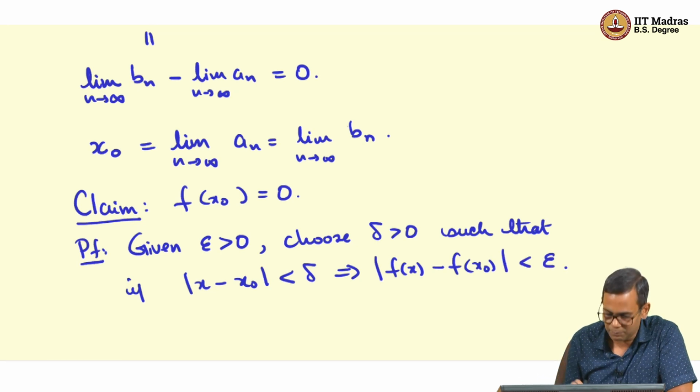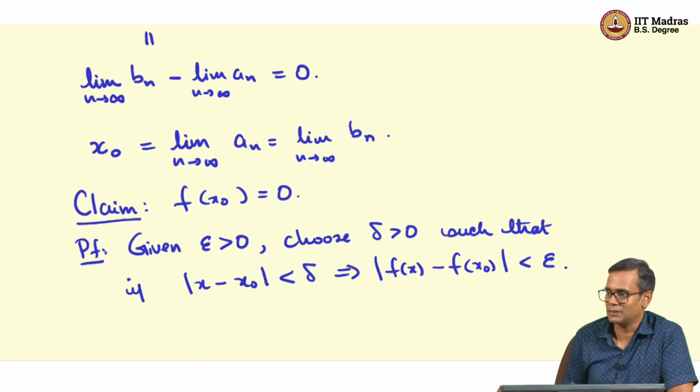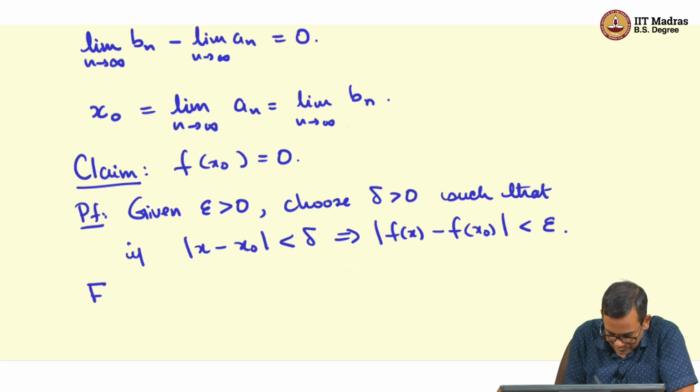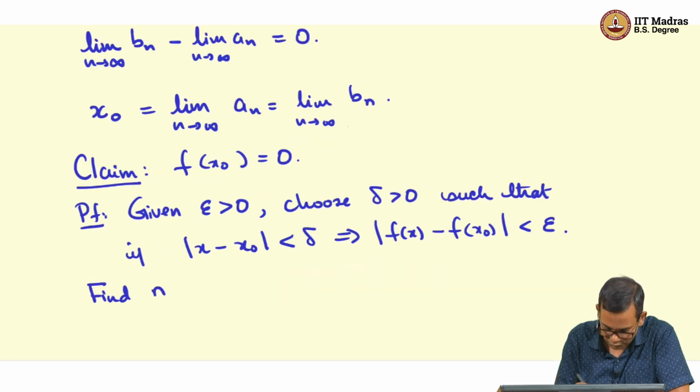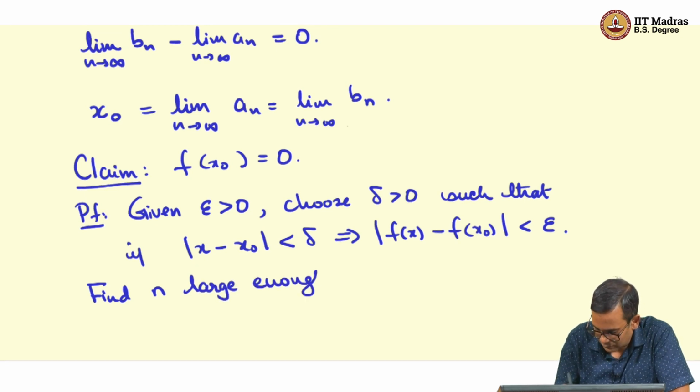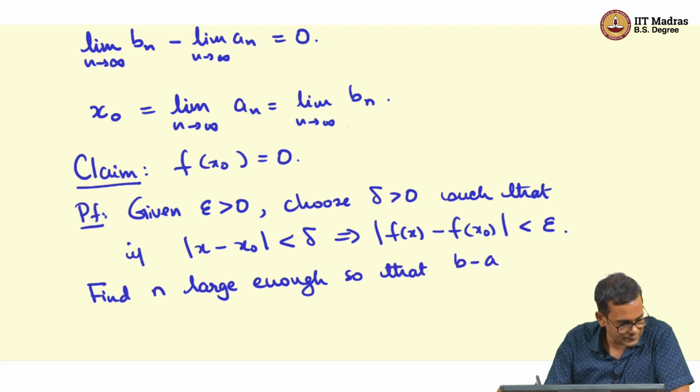We can do this because f is continuous at x naught. Secondly, find n large enough so that b minus a divided by 2 to the power n minus 1 is less than delta.